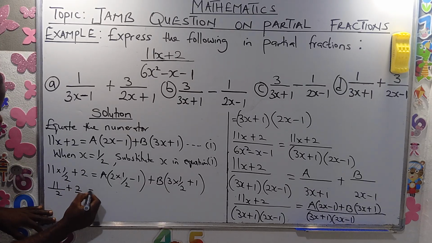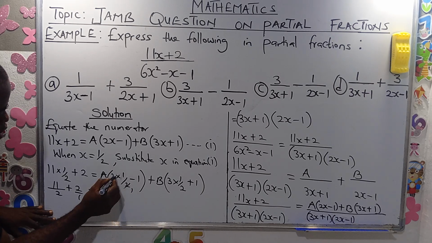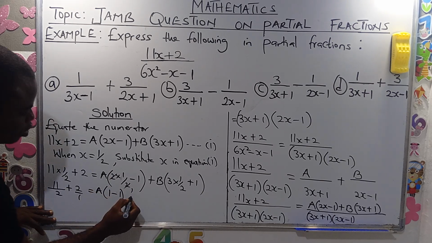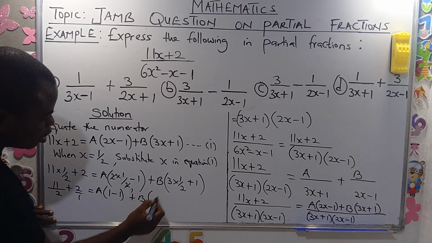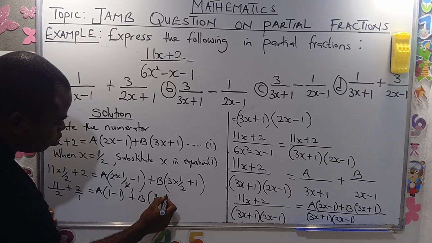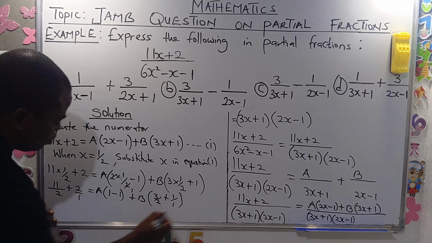This 2 over 1 equals this 2, 2 cancels 2. You're left with A into 1 minus 1, plus B, open bracket, 3 times 1, that is 3 over 2, plus 1 over 1.